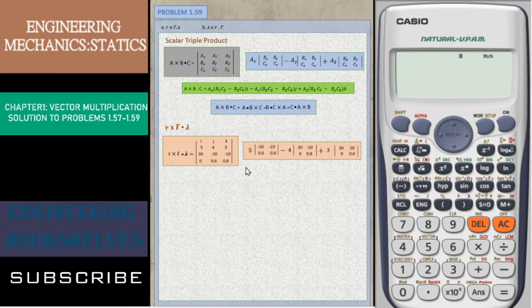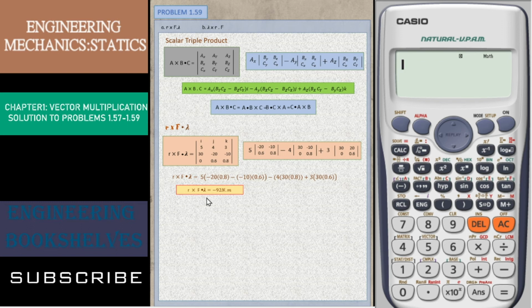So it will be 5 multiplied by the quantity negative 20 times 0.8 minus negative 10 times 0.6, then minus 4 times the quantity 30 times 0.8 minus negative 10 times 0, which is 0, and then plus 3 times the quantity 30 times 0.6 minus negative 20 times 0, which is 0.